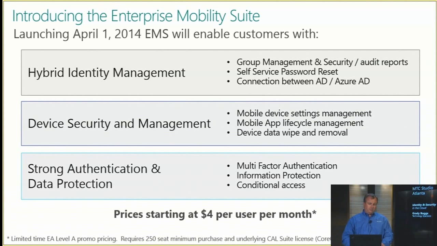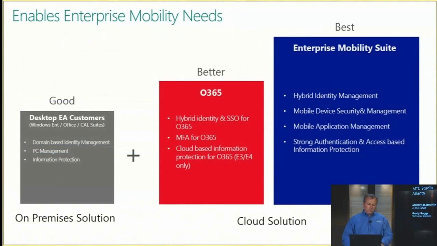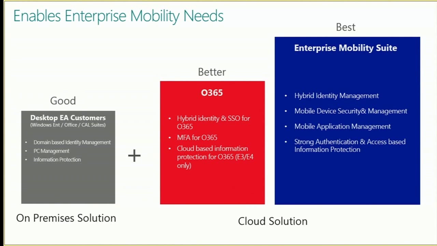And the price is right. This is a lot of functionality for a minimal investment. Classic good, better, best scenario. All of our solutions on premises, Exchange 2013, SharePoint 2013, similar capability as to what you have in the cloud, maybe not as much collaborative capability, but similar functionality, so that's good.